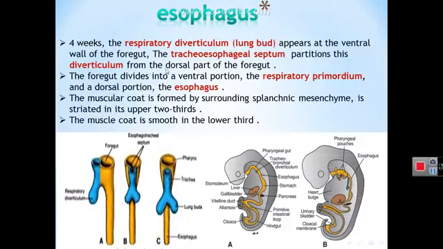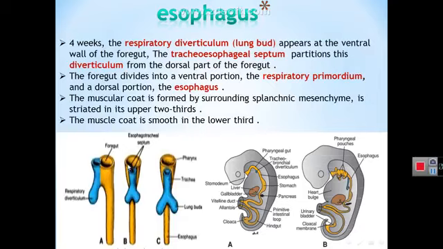Esophagus. When the embryo is 4 weeks old, the respiratory diverticulum or lung bud appears as an outgrowth at the ventral wall of the foregut.